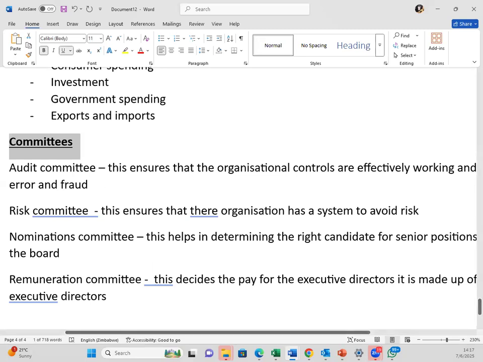So these are the committees that we have. Now with that in mind, let's go and try to answer the questions.